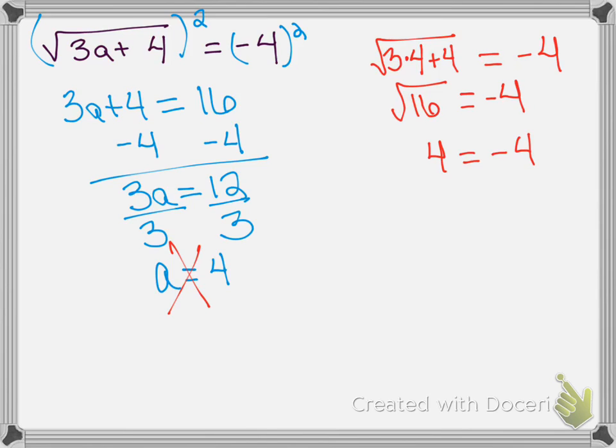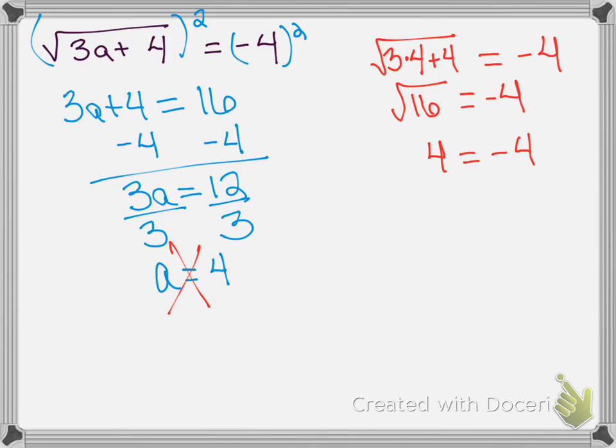Doesn't work. Okay? Now, it's possible that you looked at this and thought logically, there's no way when I take the square root of a number that I'm going to get a negative. When I take the square root of a number, it's always going to be positive.